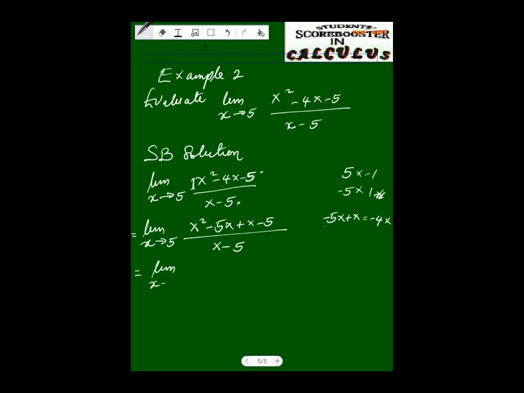the limit as x tends to 5 of, so we factorize now. That is the next thing. And for you to be able to factorize, you just pair what you have here. Bring out x from x squared, you have x left; bring out x here, you have minus 5.